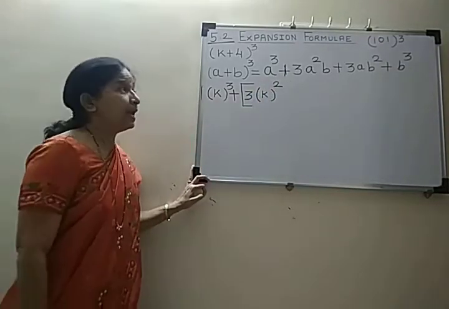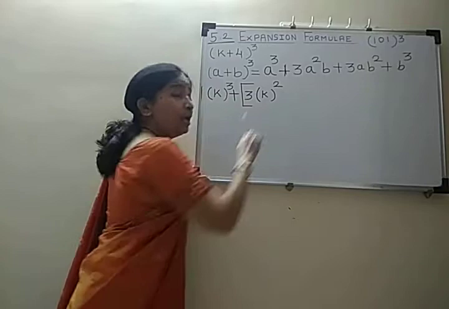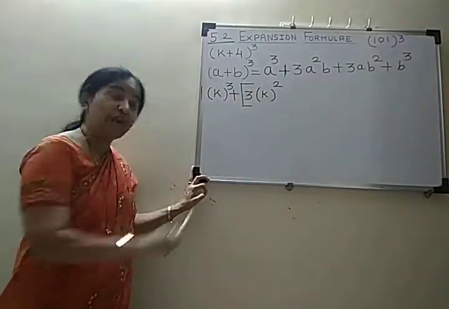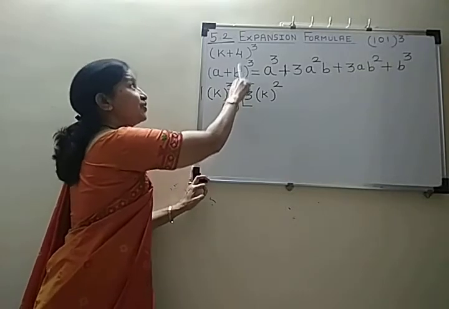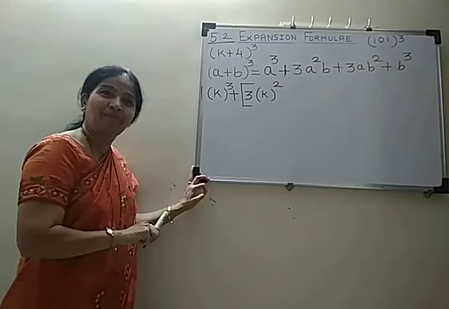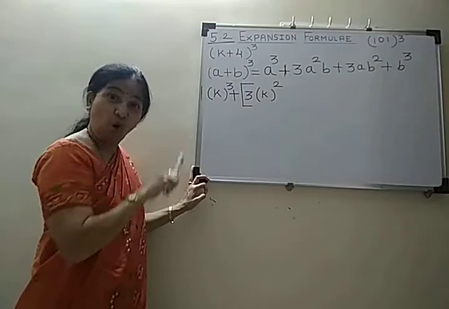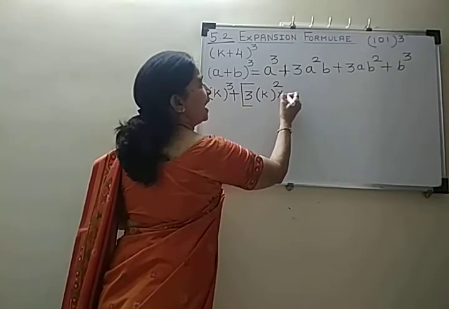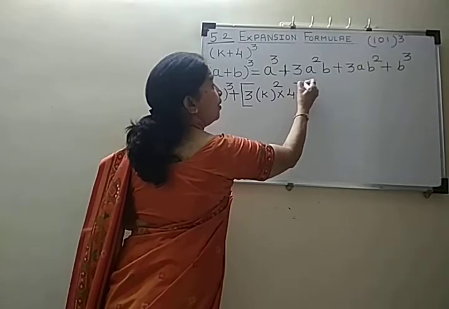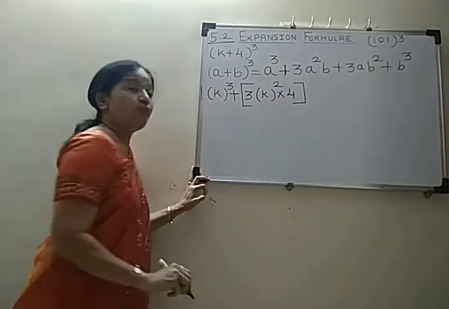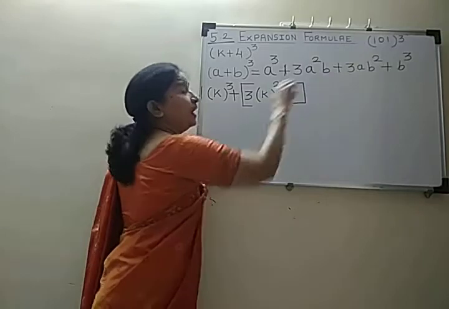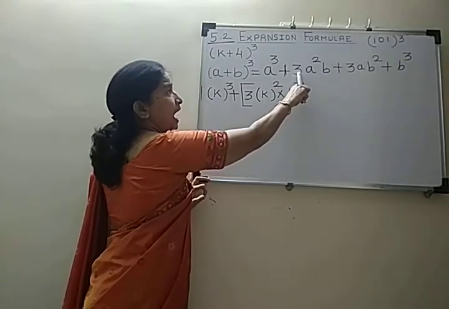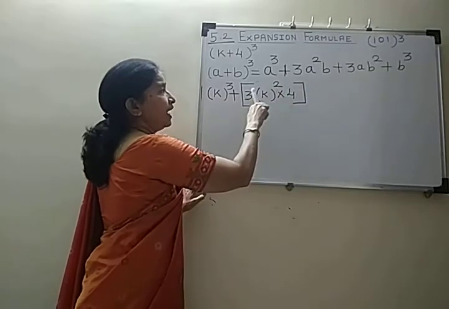Okay. Then, after that they multiplied by b. b means second term. Which is the second term in our example? That is 4. So, we will multiply by 4. This is what we got as the second term. How did we get the second term? At first they have taken 3.